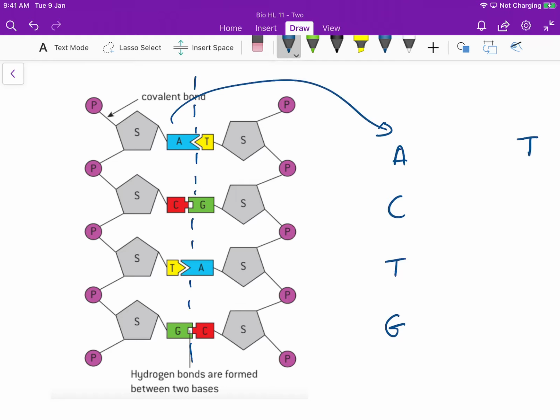We've got T, and we can work out what the other one is because of complementary base pairing. A, adenine, only fits with thymine, and cytosine only fits with guanine. So when Watson and Crick did their work to discover the structure, the fact that they pair only in a particular way suggested the mechanism of replication.